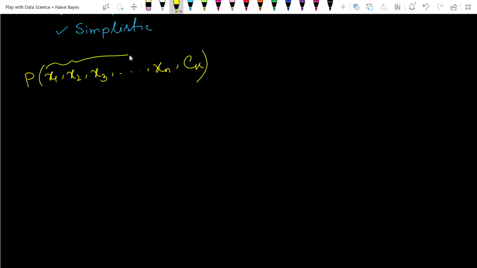This term comes from our x point, and this is our class label. If we assume this is our one event A, and the rest of the thing is another event, let's take B. Here x1 is responsible for feature 1, x2 for feature 2, and xn is responsible for feature n of the data point x.